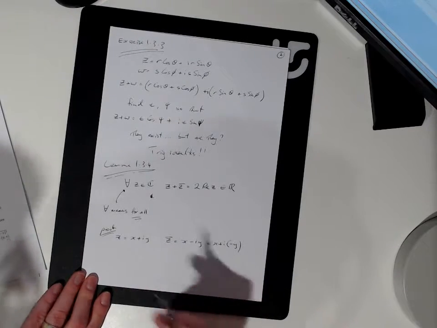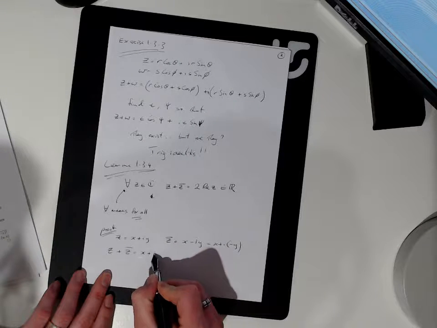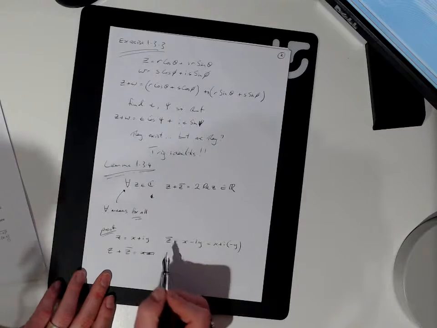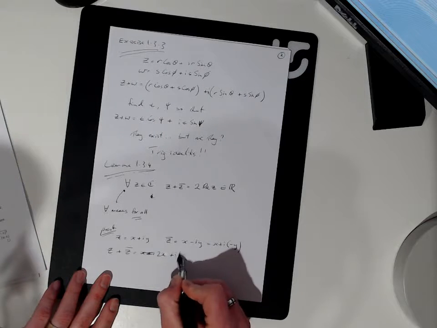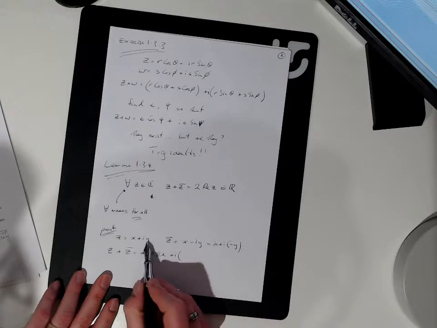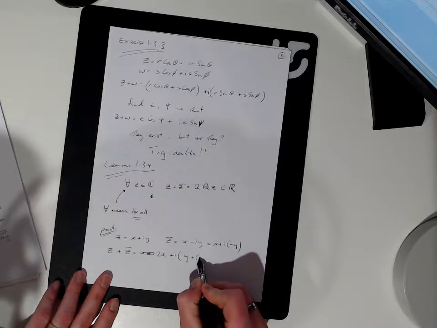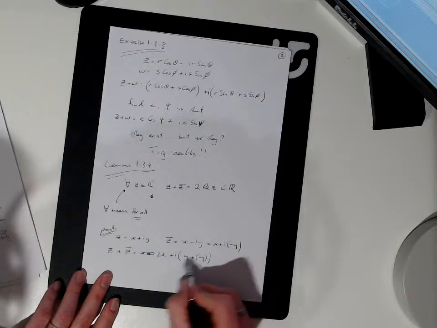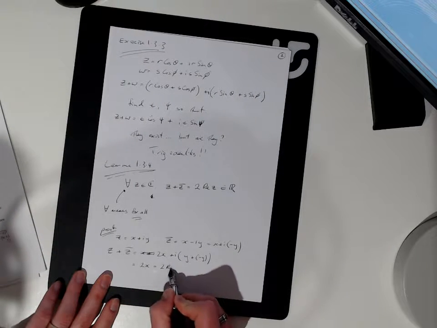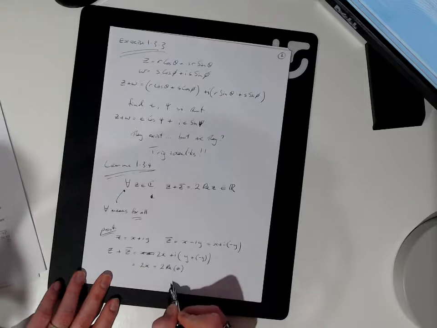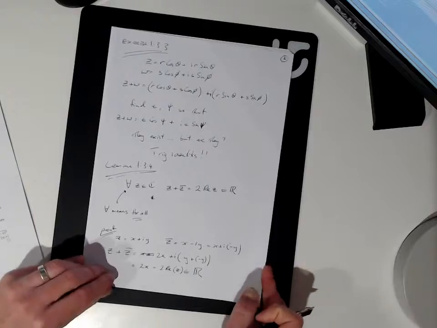So the y and the minus y are going to cancel. x plus, well, add the real parts, x plus x, 2x, plus i, and then you add the imaginary parts, y plus negative y. Of course, that's equal to 0, so this is 2x, and that is 2 times the real part of z, which, as we all know, is in the real numbers.